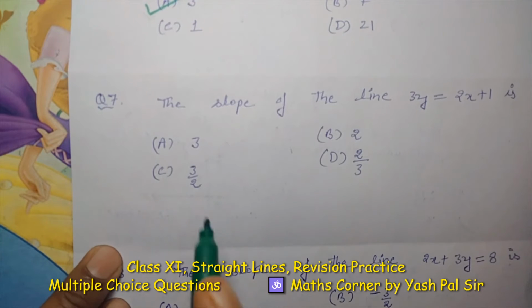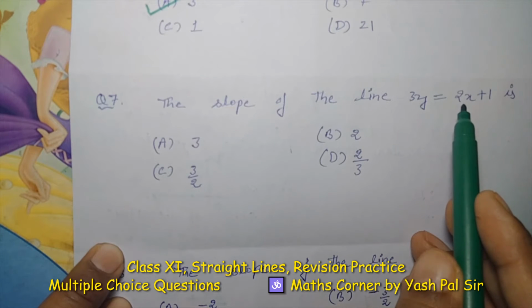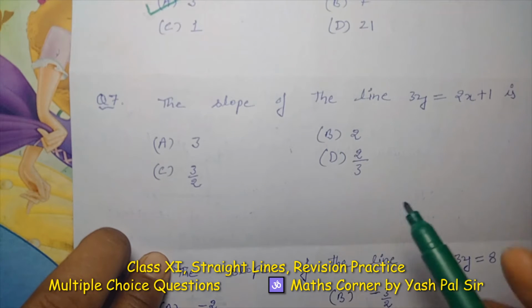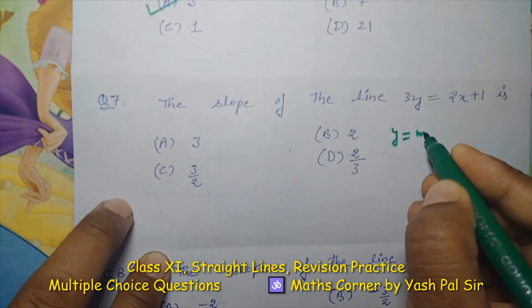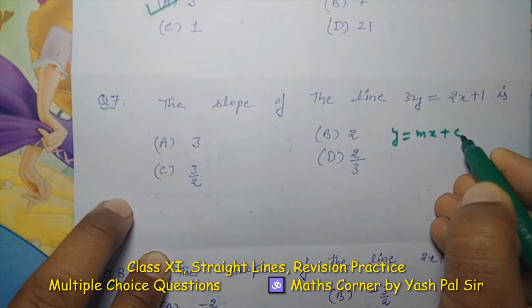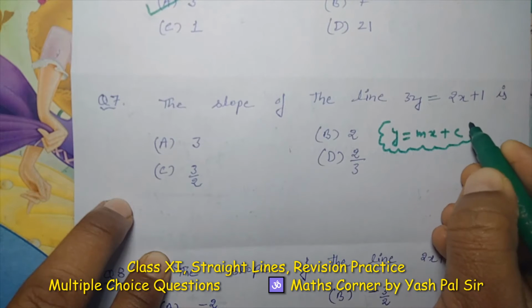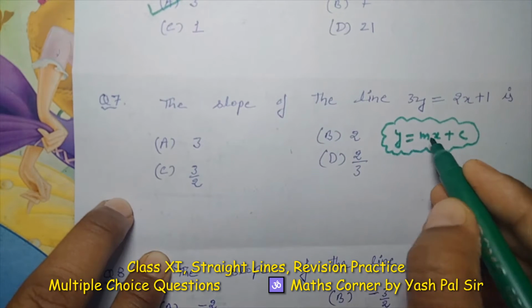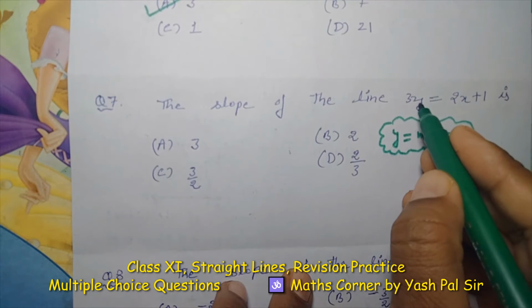Question number 7. The slope of the line 3y is equal to 2x plus 1 is. We know that y is equal to mx plus c. This is the slope intercept form. m is the slope. So we also convert this equation into this form.